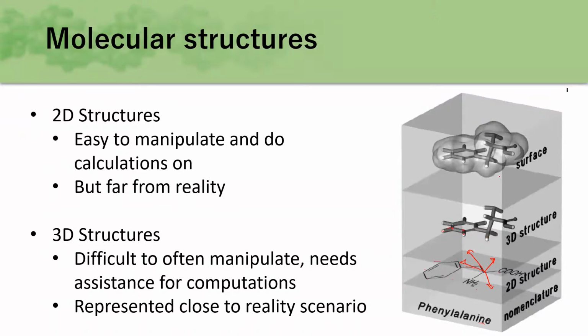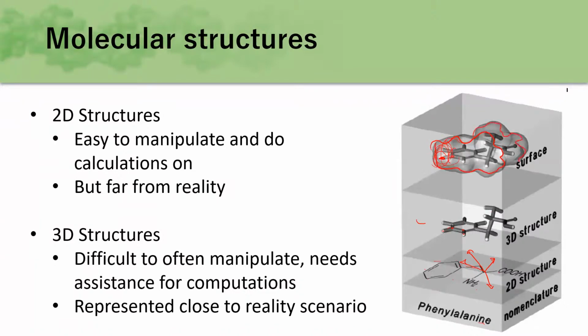But a more realistic view of the molecular structures is by using the surface representation. Rather than showing this in a cartoonish or simplified way, the surface representation creates a molecular surface. As we know, every atom is going to have electrons orbiting around it, a cloud of electrons. They are going to overlap. So this overlapping causes, as you can see, a sphere of influence, as you can imagine.